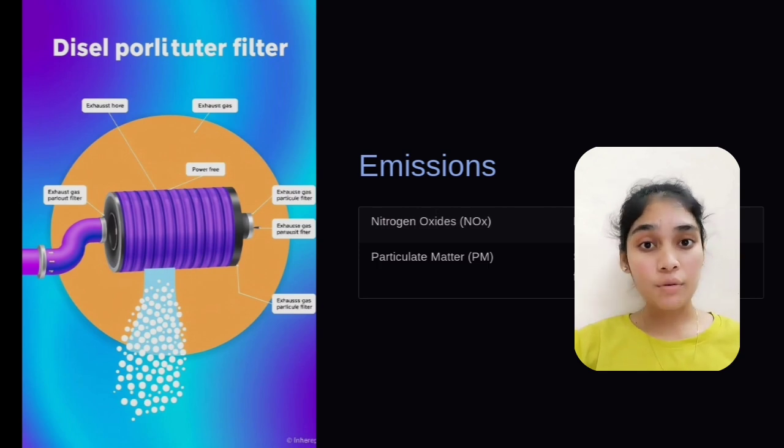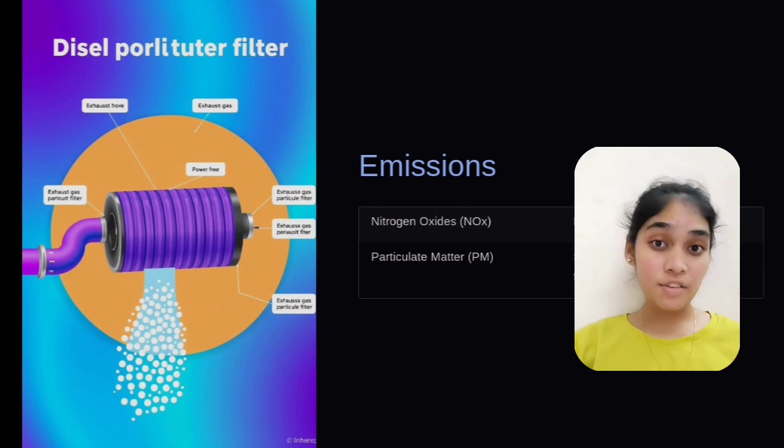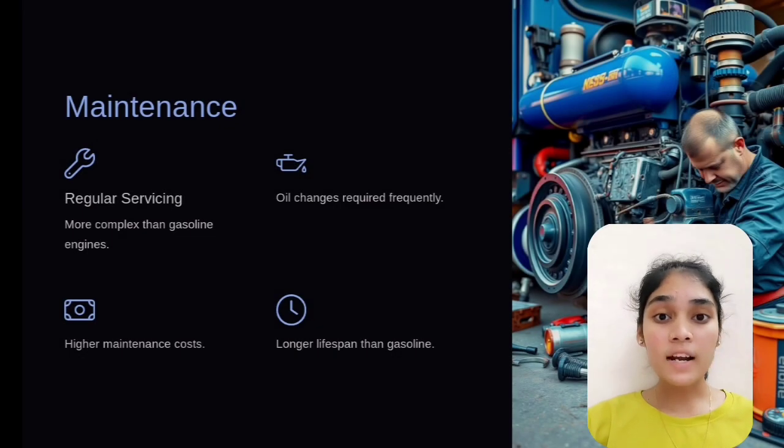Second one is nitrogen oxide, the gas formed during combustion contributing to smog and acid rain. And carbon dioxide is a greenhouse gas contributing to climate change.